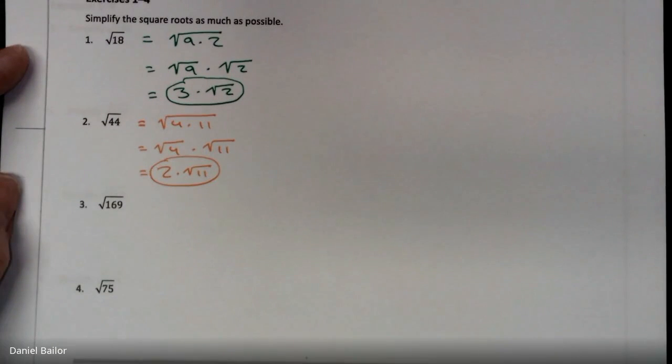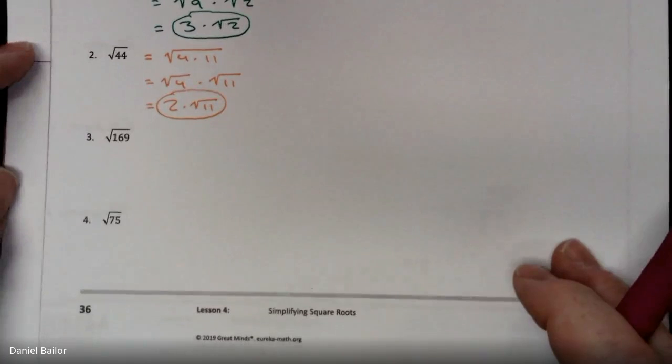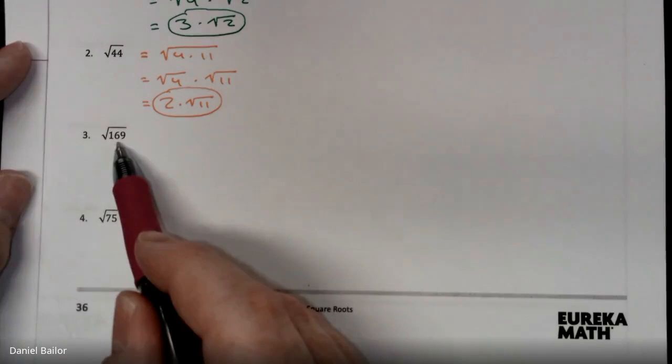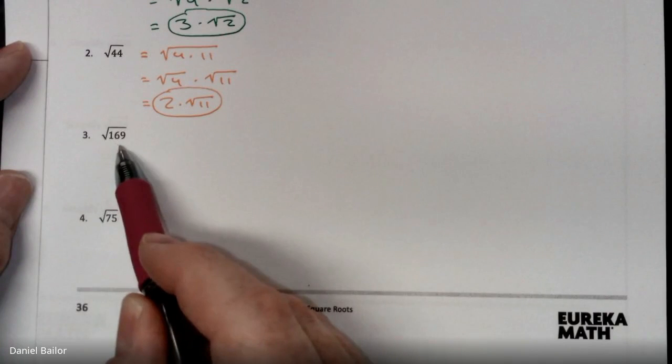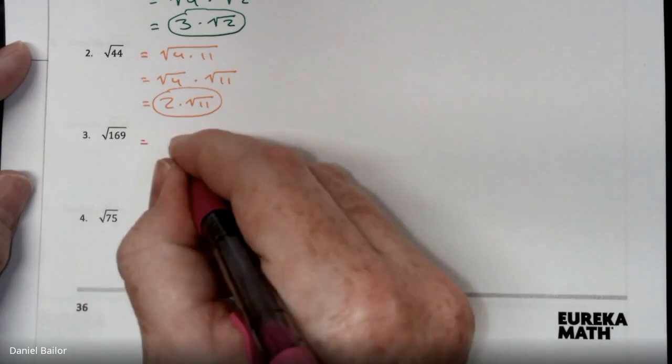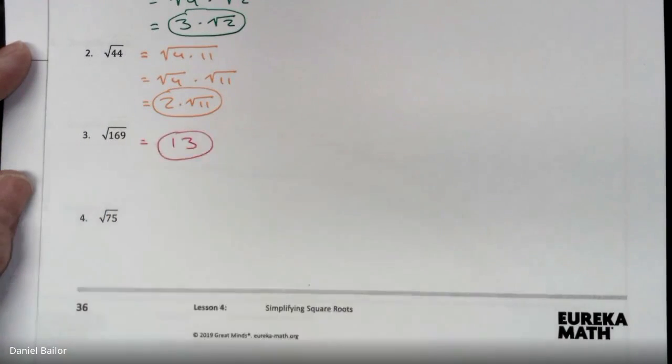Now for number 3, you might have tried this, but then you might have realized something. Hopefully you looked at your square root chart and said, wait a second, 169 is a perfect square. So this is just equal to 13. That's a whole number.